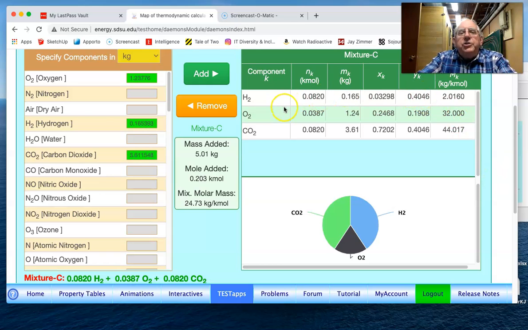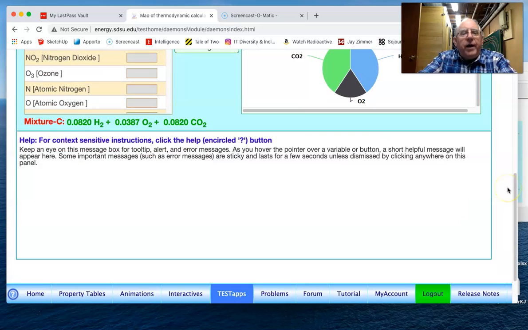You'll notice that it just so happened because of the 50-50 blend on a mole basis for the hydrogen and the CO2, that's why the 0.40 and 0.40, that's why the mole fraction is the same, and that's why these two numbers are the same. Okay, and then this is the relative moles associated with the other tank.